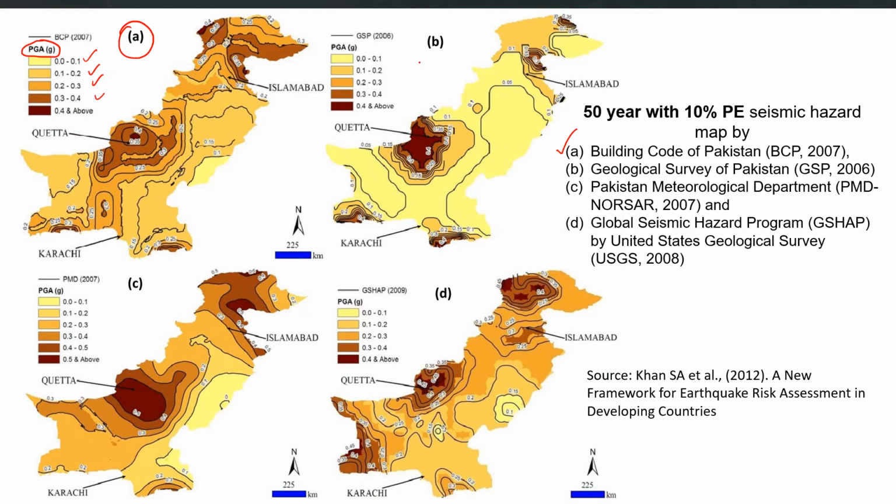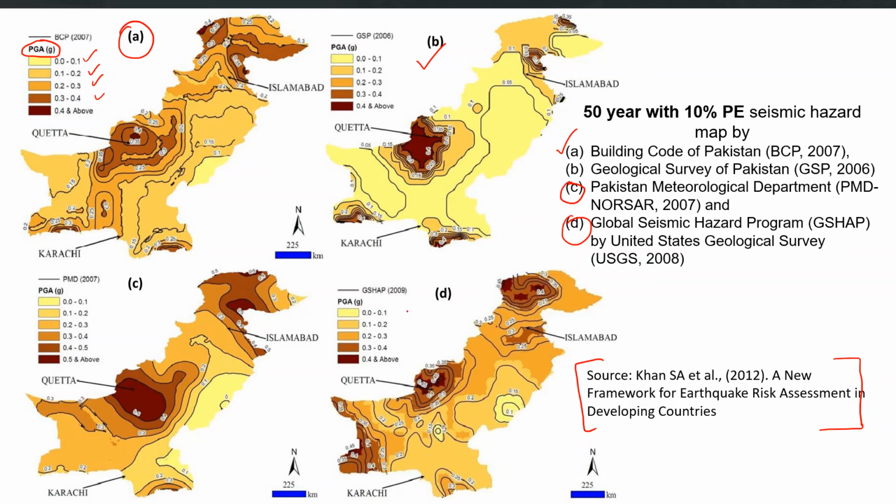Some other studies: this B is from the Geological Survey of Pakistan. I have taken this comparison from this paper. You can refer to that for more detail. This figure C is from the Pakistan Meteorological Department, PMD. The figure D is from the Global Seismic Hazard Program, also called GSHAP.